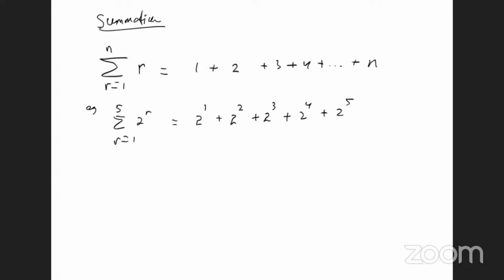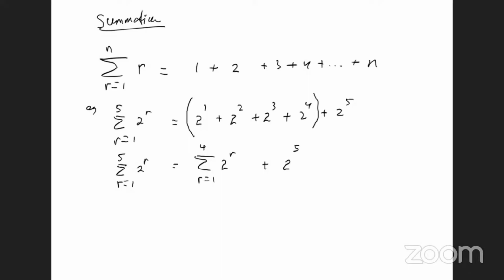What you're going to need now is to understand a few little things when you're doing the PMIs. One of them is this. If I want to write the summation of r going from 1 to 4 of 2 to the power of r, and I add that to 2 to the power of 5, then this whole statement is the same as the summation of r going from 1 to 5 of 2 to the r.